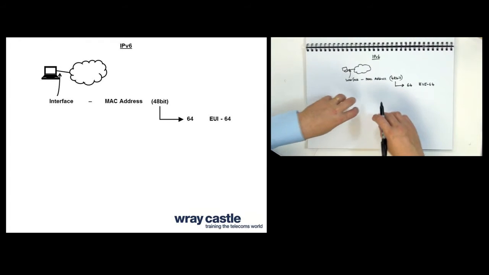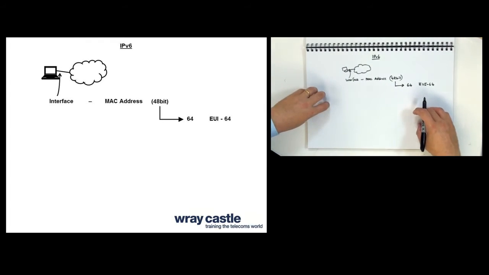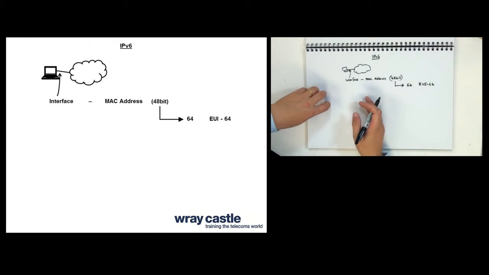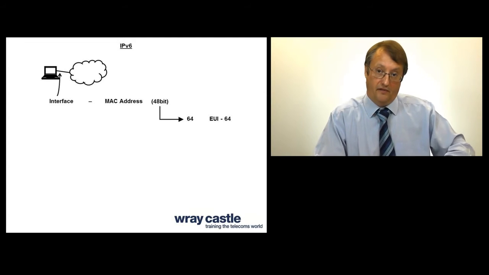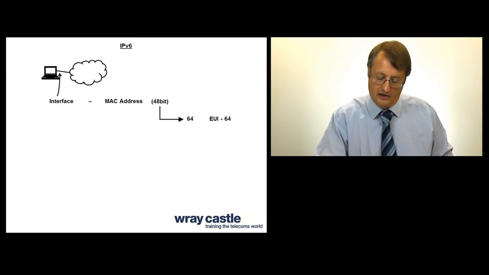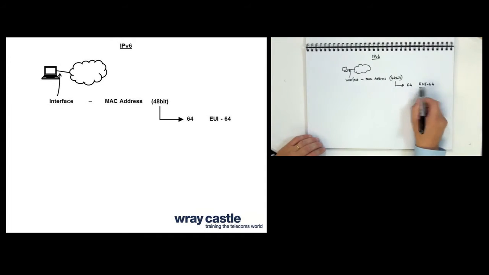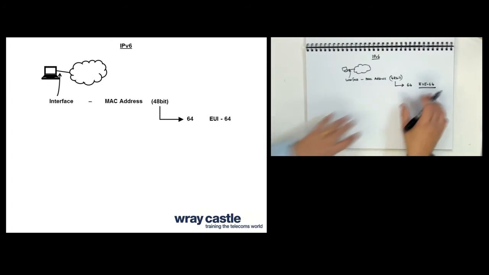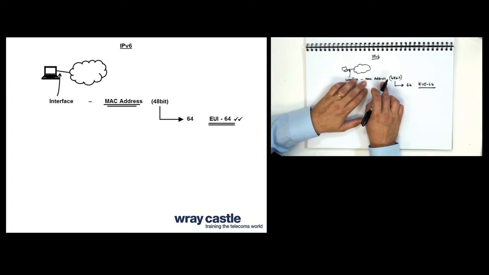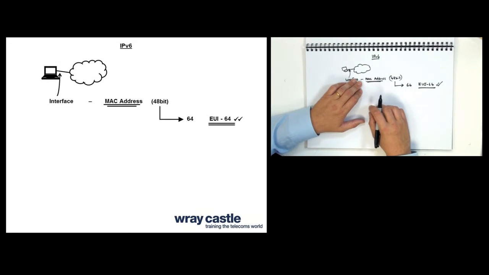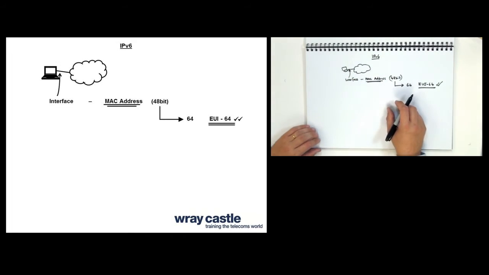We take the two lots of 24 bits, split them apart, and insert in the middle 16 bits. We then flip the start of this. We actually flip one of the bits in the first octet, and that then says we've got a well-formed EUI64, but it's tracked back from the MAC address. And if that's unique within your network, and therefore it's a usable address.